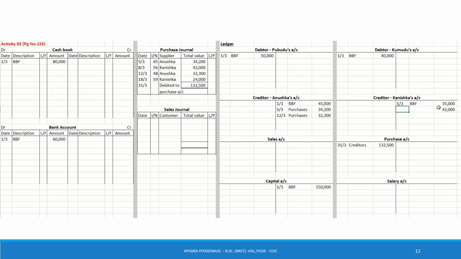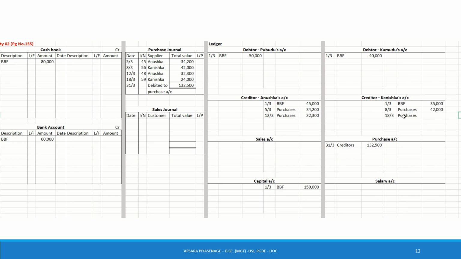That is on 8th of March. Again on 18th of March, they have purchased from Kanishka 24,000.